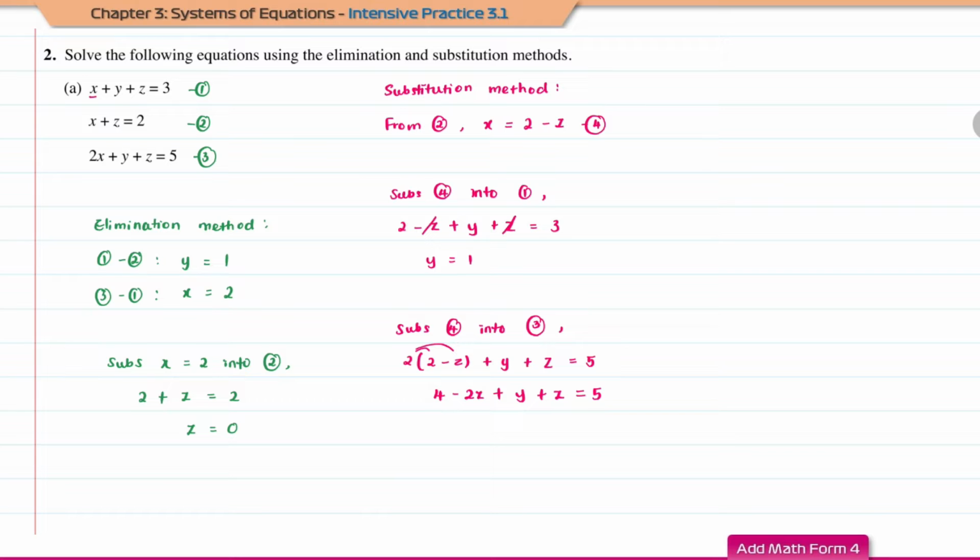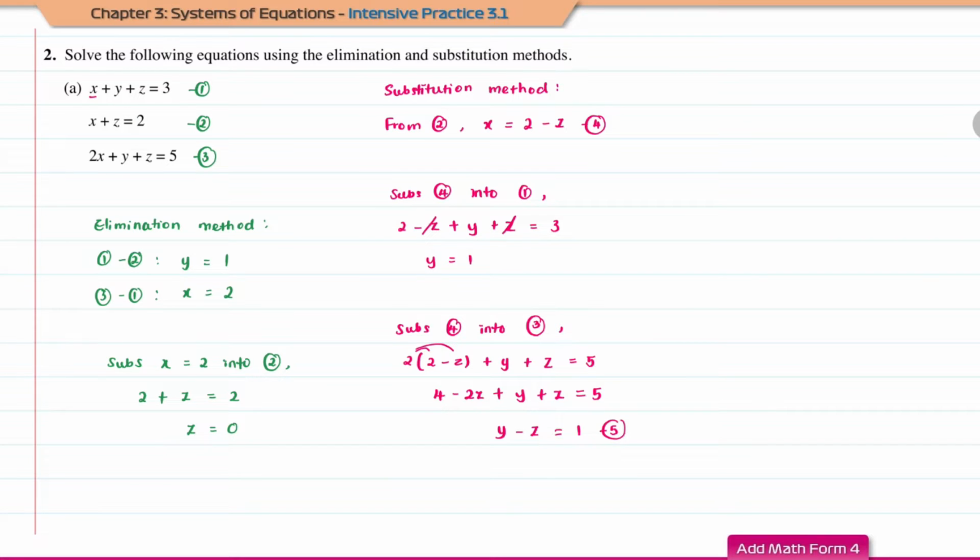Next, solve for the like terms. So negative 2z plus z is going to be minus z equals 5 minus 4, which is equal to 1. So this will be equation number 5.